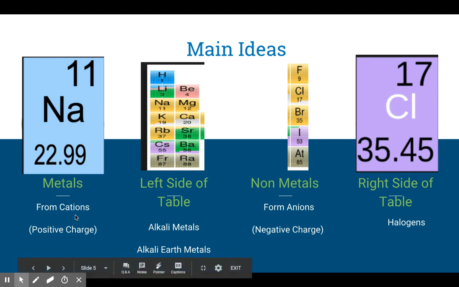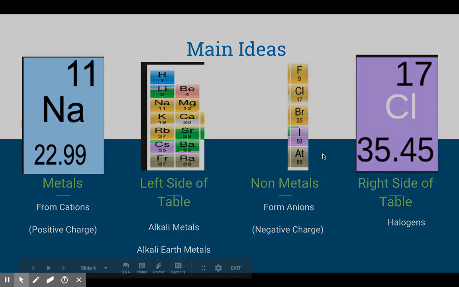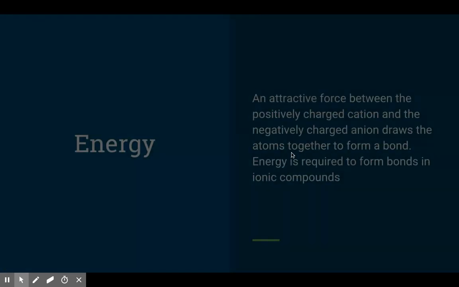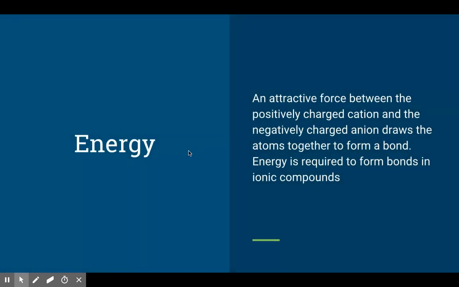So over here, we have the alkali metals and the alkaline earth metals who want to give away electrons. And over here, we have the halogens who would like to accept an electron. One of the things we need to consider at this time is what is happening between the ions. And we should remember that opposites attract.